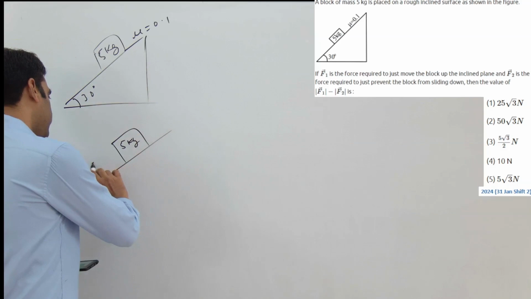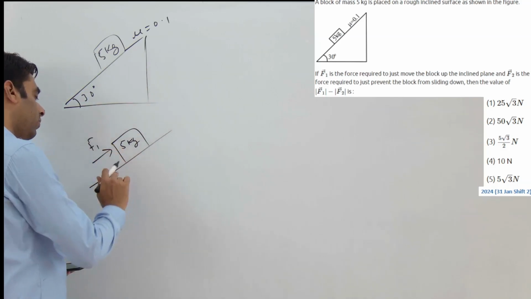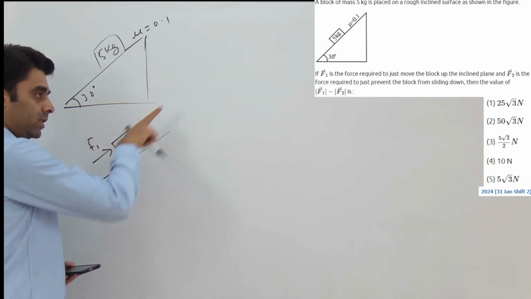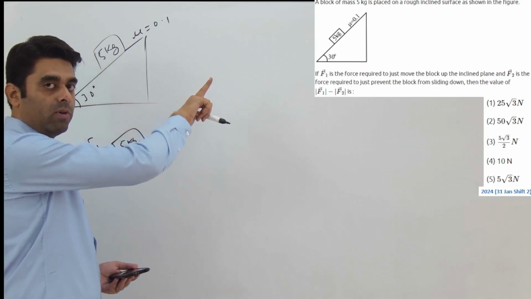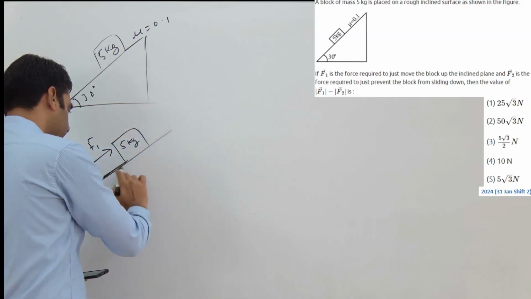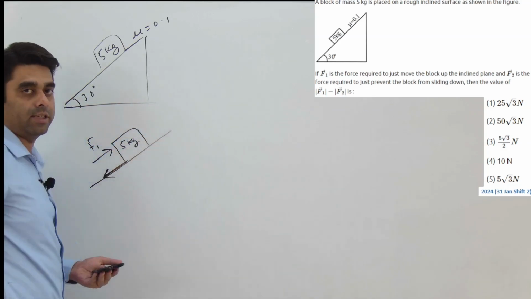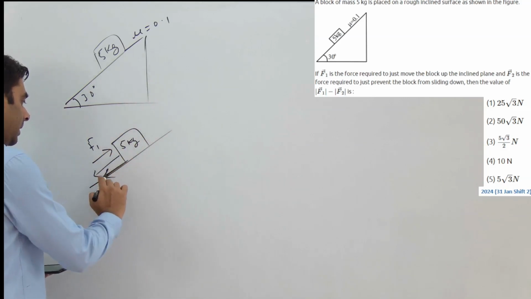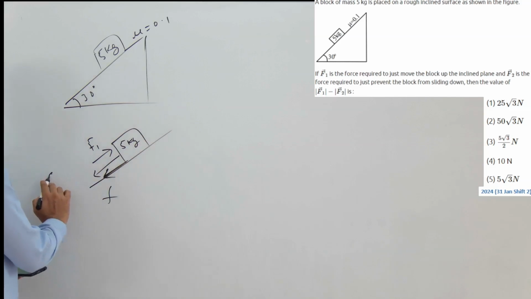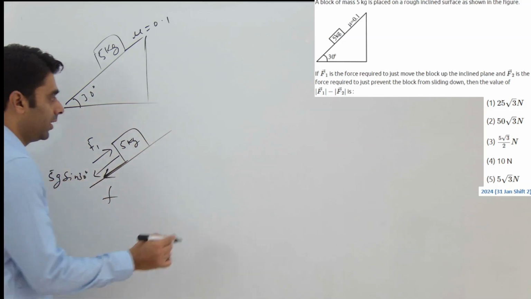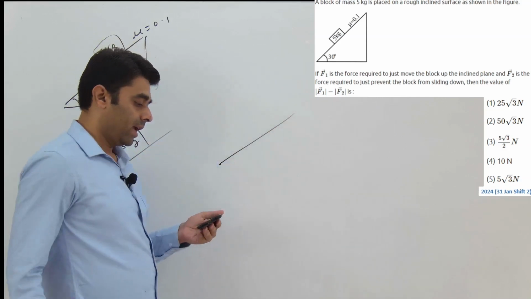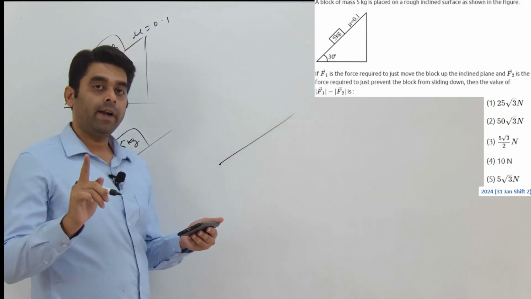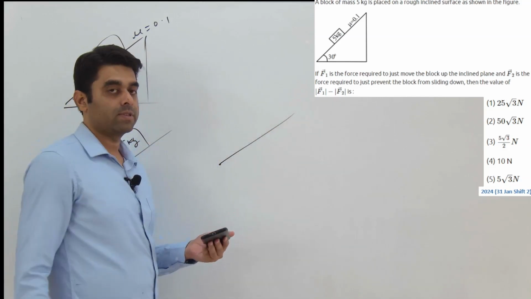Because the tendency of the block is to move upward, the maximum static friction direction will be downward. So friction is downward. Obviously mg sin 30, that is 5g sin 30, will be acting down. Well and good.